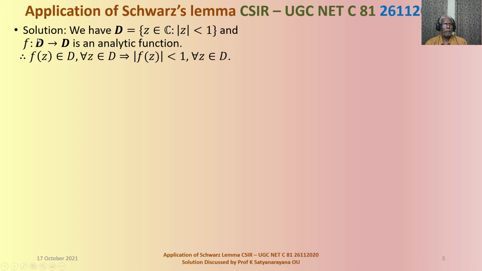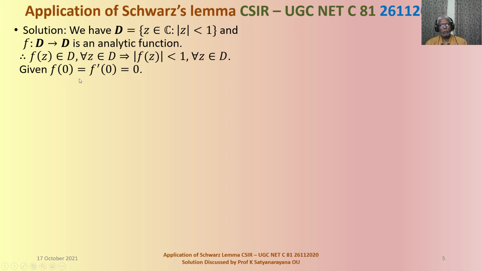For each z belonging to D, f(z) belongs to the codomain D. Since D is the open unit disk, mod of f(z) will be less than 1 for all z belonging to D. Why? For each z in D, f(z) belongs to D, and so mod of f(z) is less than 1 for all z belonging to D because D is the open unit disk.